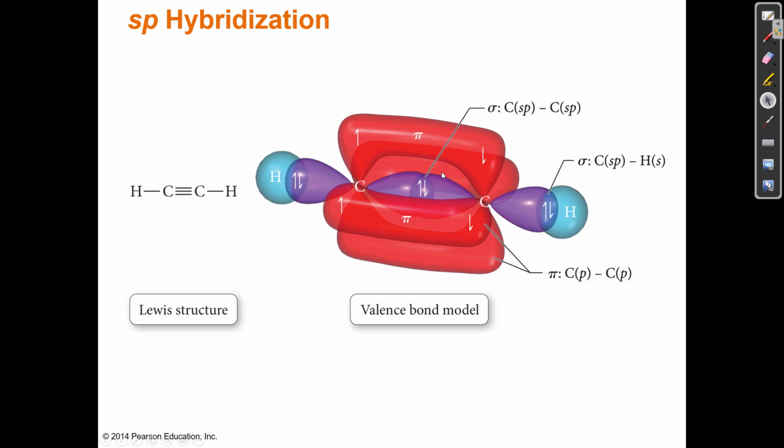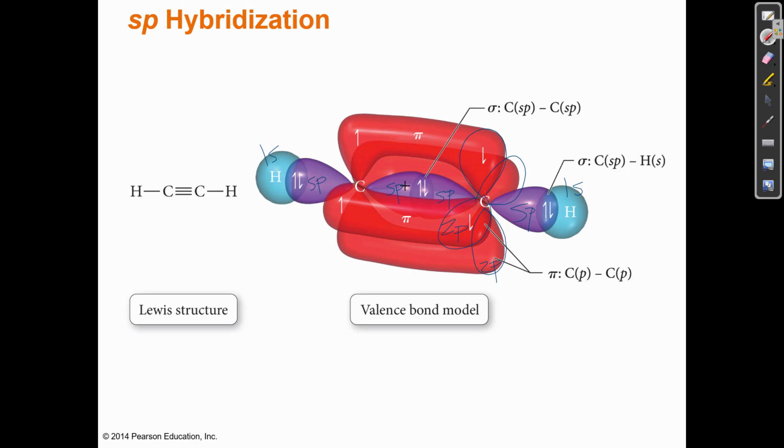Each carbon has sp orbitals, these purple ones. This hydrogen is 1 s, this hydrogen is 1 s, and these red orbitals on carbon are the unhybridized p orbitals. Here's one unhybridized p orbital, and here's the second, so this is 2p and 2p.